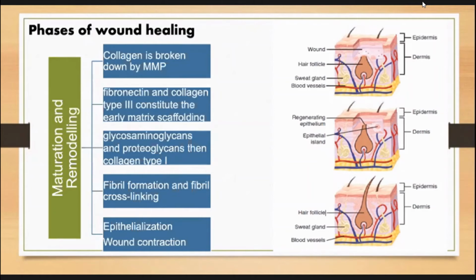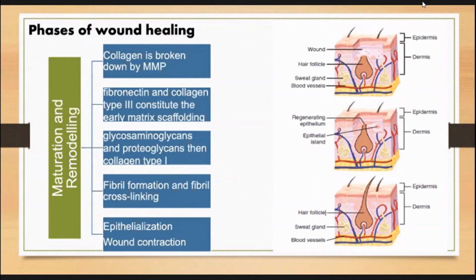Fibril formation and cross-linking result in decreased collagen solubility, increased strength, and increased resistance to enzymatic degradation of the collagen matrix. Fibrillin, a glycoprotein secreted by fibroblasts, is essential for the formation of elastic fibers found in connective tissues.